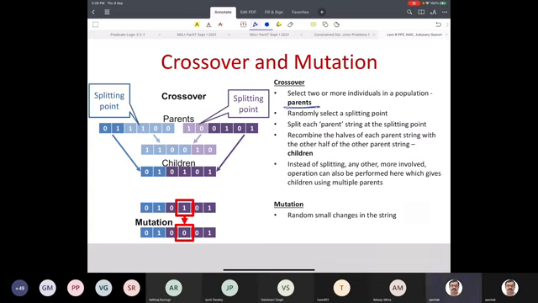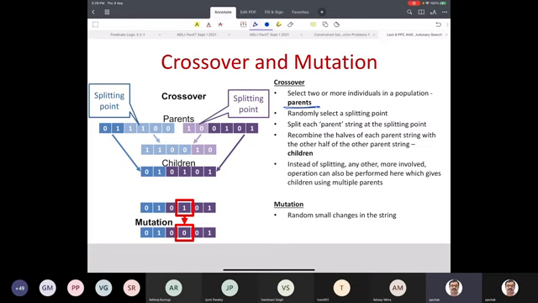Then for a definition like this, you identify a splitting point. The splitting point is identified in such a way that, based on it, you can split, exchange, and create new solutions.